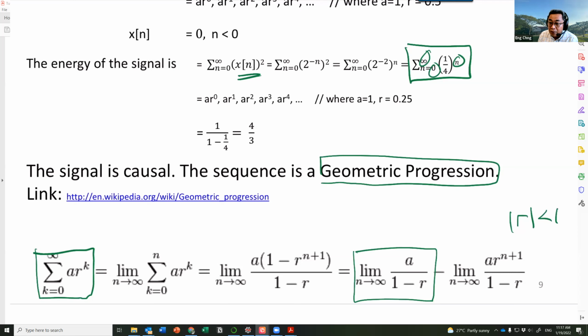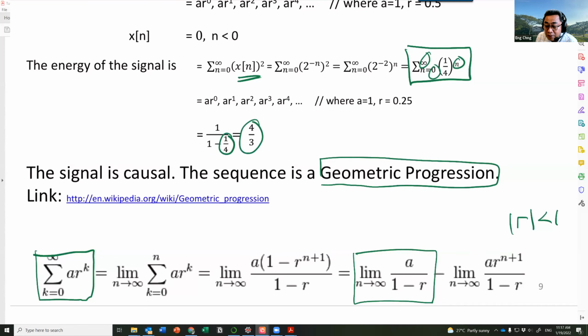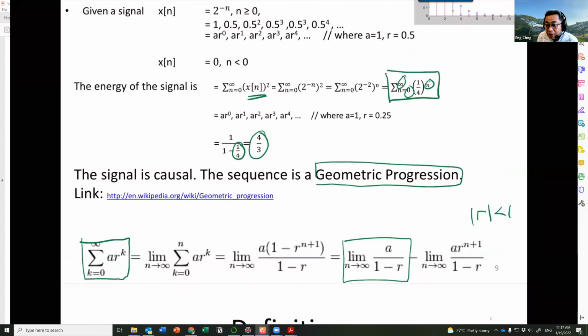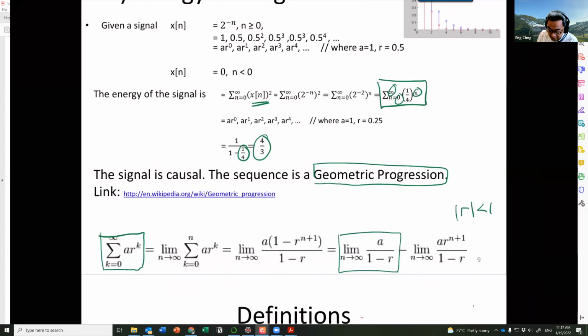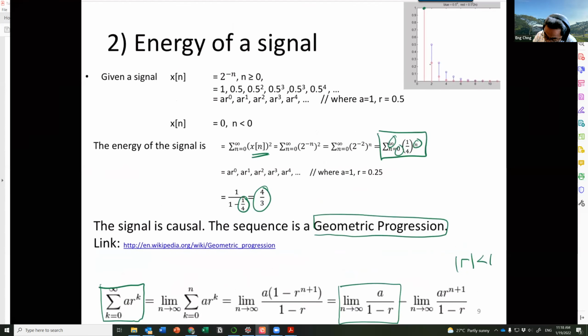And what is our r? Our r is 1/4, and therefore we get this. So please remember your first year math as we do geometric progression, and this is the answer. The energy of this infinite sequence that we are summing, interestingly, is not infinite. It is 4/3.